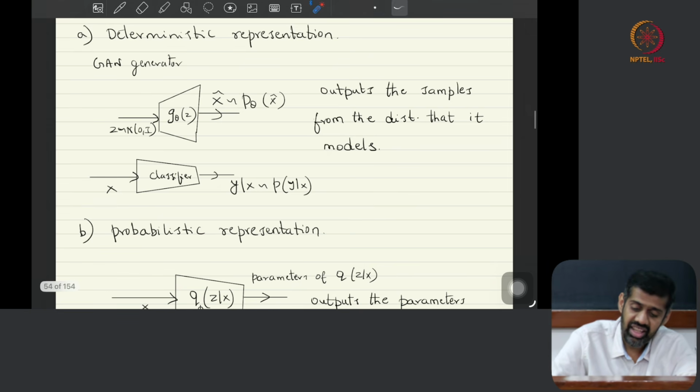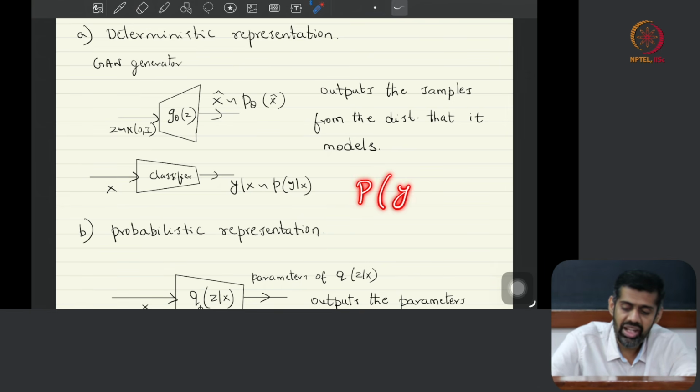And the classical classifier in discriminative machine learning can also be seen as a sampler from the distribution p of y given x, isn't it. So, it is not giving you the distribution, it is giving you a sample from the distribution, correct.